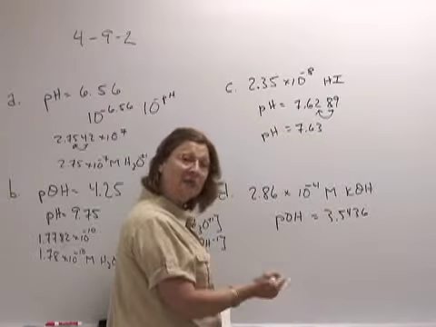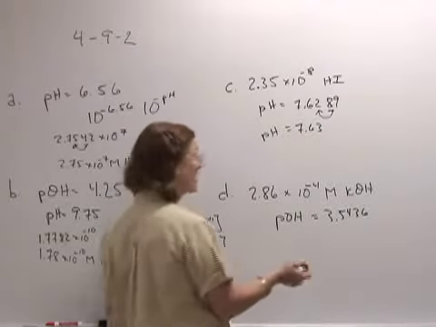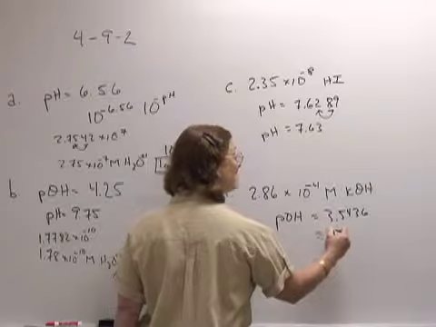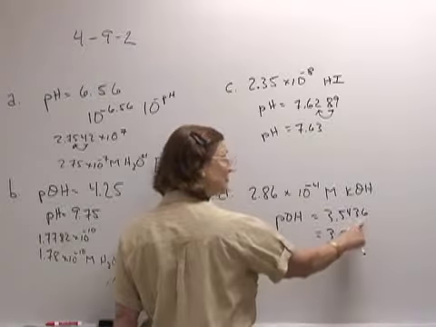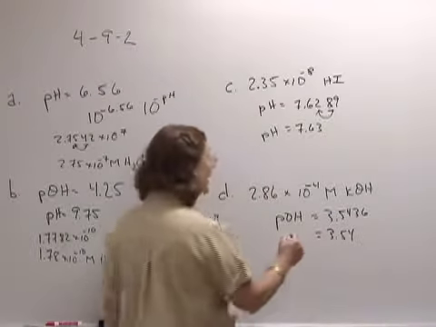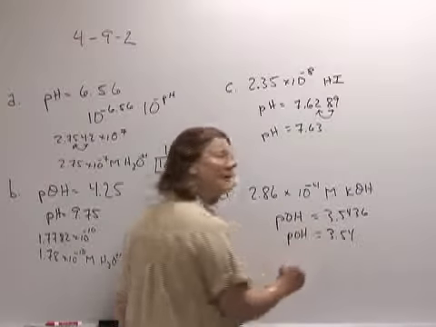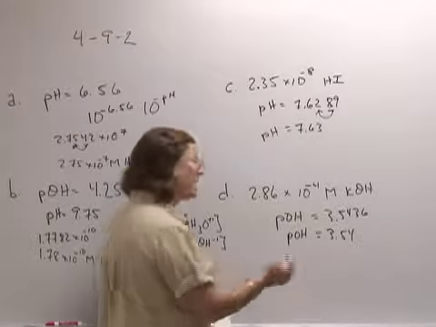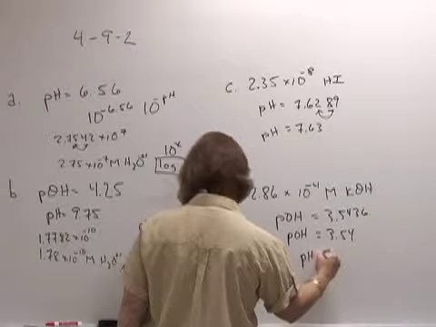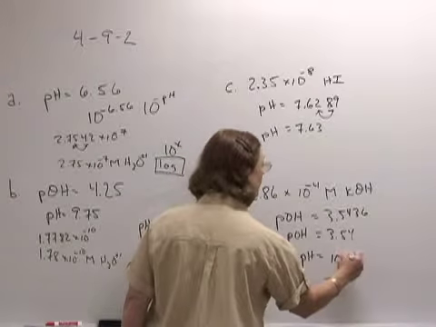I'm going to round it to the hundredths place and then subtract. I get 3.54 because the 3 does not round the 4 up. That is my pOH. Then I must subtract it from 14, and I get the pH is equal to 10.46.